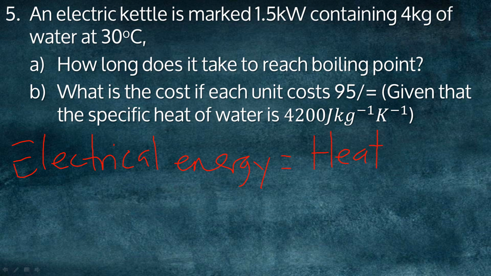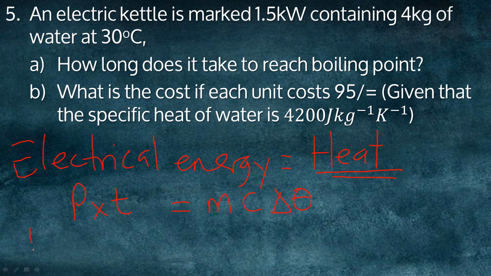Now remember, if you are given power and asking for how long, electrical energy is power times time. So power times time should be equal to the heat energy. How do we get heat energy? If you remember, for the topic of heat, we already discussed that. The quantity of heat is equal to the mass times specific heat capacity times the change in the temperature.